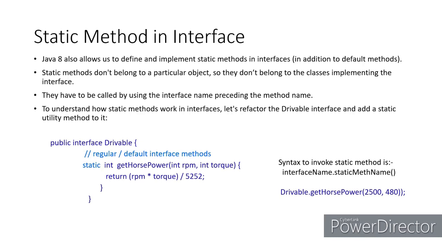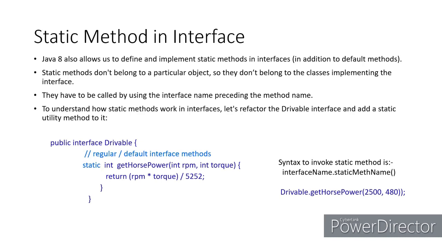But earlier, before Java 8, there was no way I could add this method in the Drivable interface. So at that point of time, I would have to add this getHorsePower implementation inside my class Car or class Bus. Every class which implements that interface, I would have to code this method there. Unnecessarily, I would have to write that method again and again in those implementing classes.